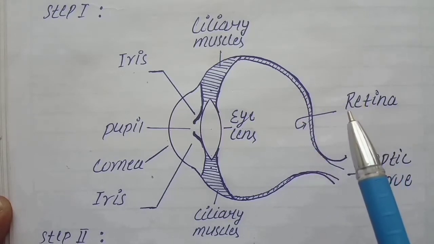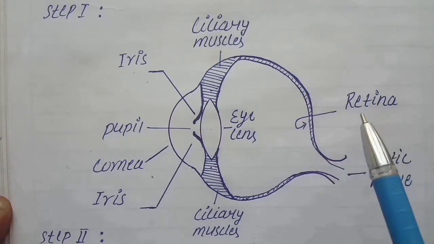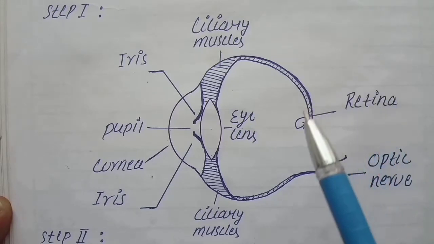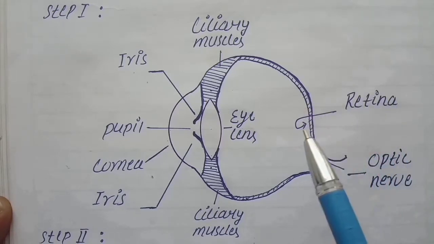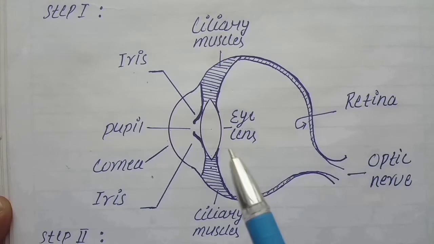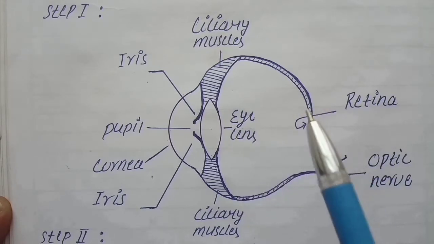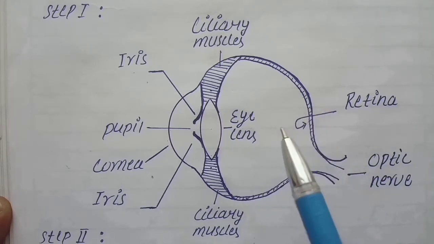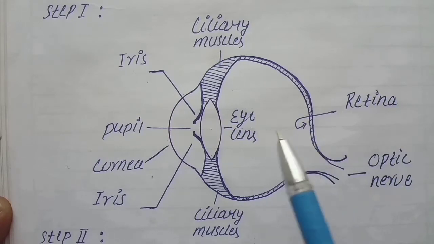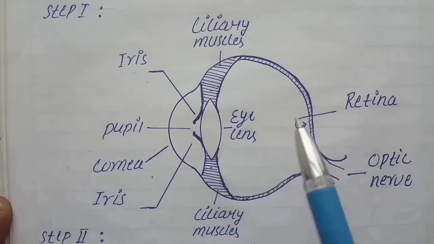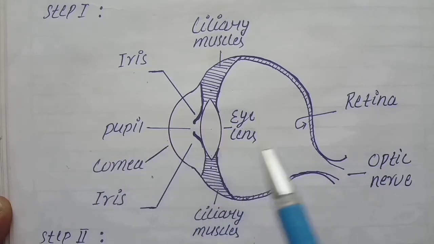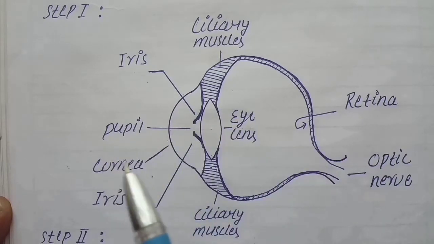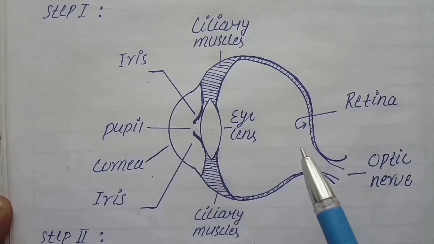Next is retina. It is the back part of the eye having a large number of light sensitive cells called rods and cones. Cones recognize different colors, for example red, green, blue, yellow, and rods measure the intensity of light, whether it is bright or dim, means whether bright light is entering the eye or dim light is entering the eye.